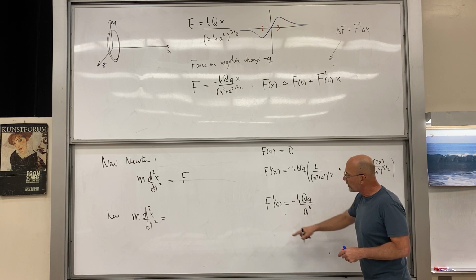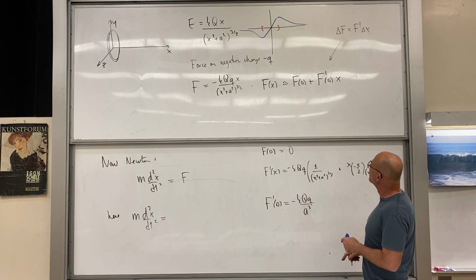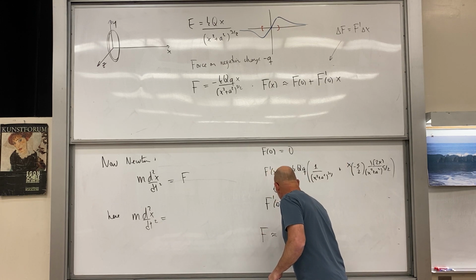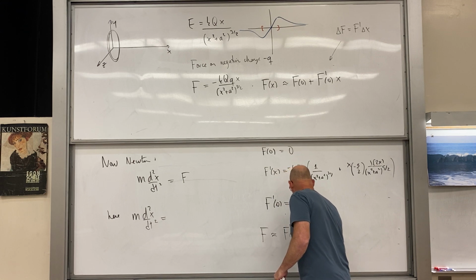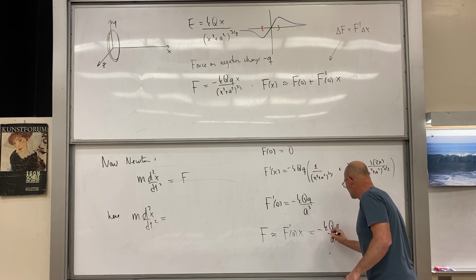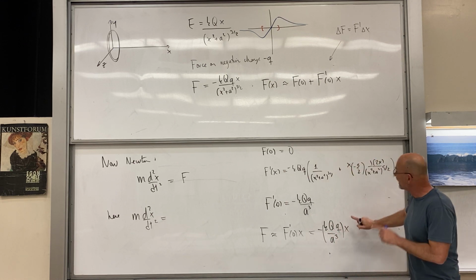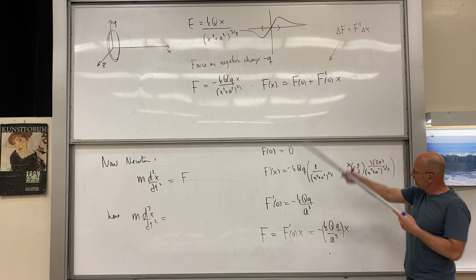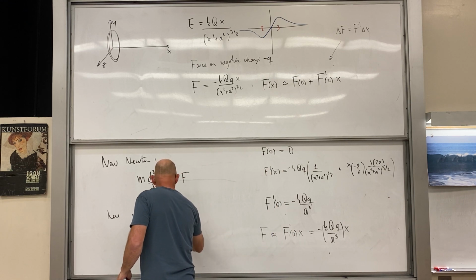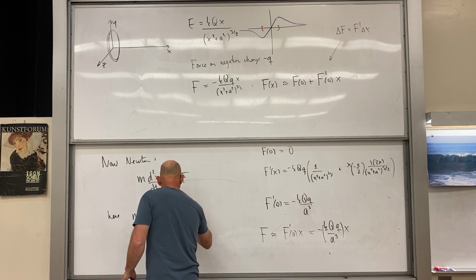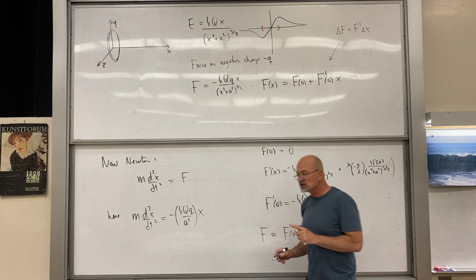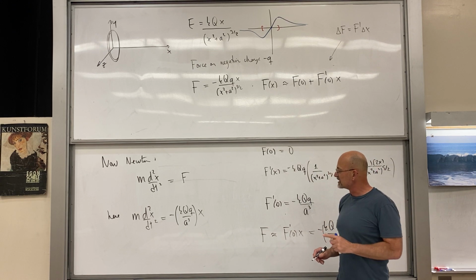So f is approximately f prime of 0 x, equal to minus k q q over a cubed times x. Now let's plug it into Newton's law: minus k q q over a cubed x. And that's the differential equation of the harmonic oscillator.